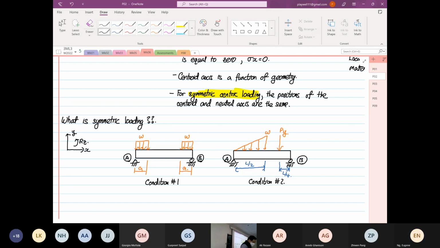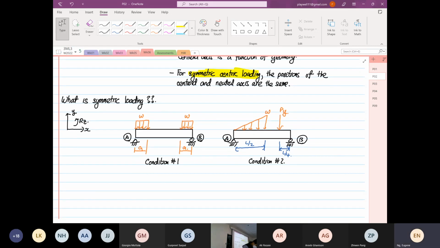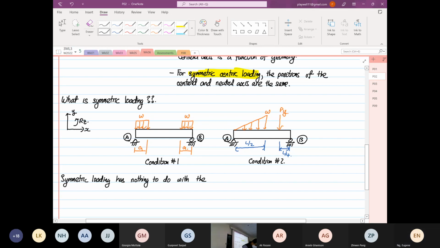Again, I repeat: whether it is symmetrical loading has nothing to do with the point or distributed loading condition. Both of them are symmetrical loading.